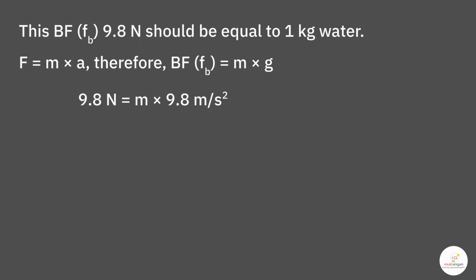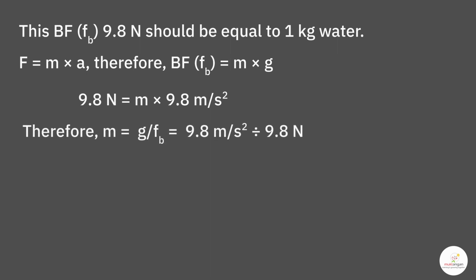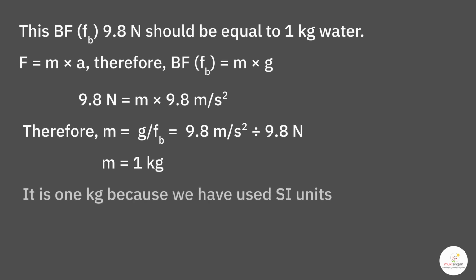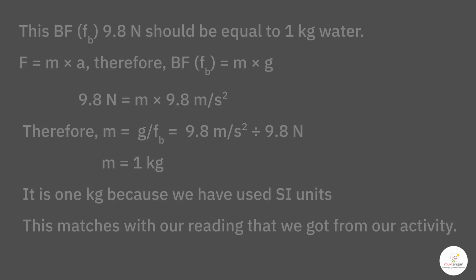So m will be equal to F over g, which will be 9.8 Newton over 9.8 meter per second square. And if you divide this, you get 1. So this m is in kg because we have used SI units. So the buoyant force is equal to 1 kg. This matches our reading that we got from our activity.